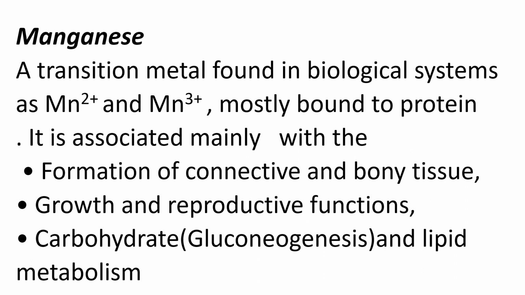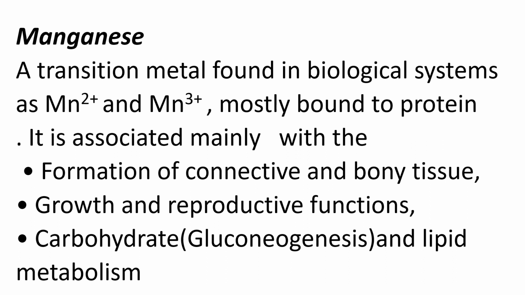Now I will discuss the second trace element of today's topic, and that is manganese. It is a transitional metal found in the biological system. Manganese is a transitional metal, meaning those metals whose valencies can be changed.